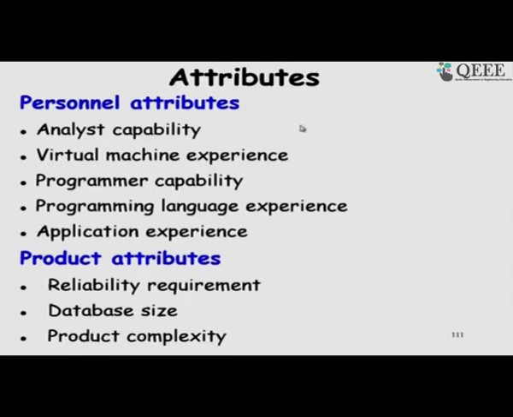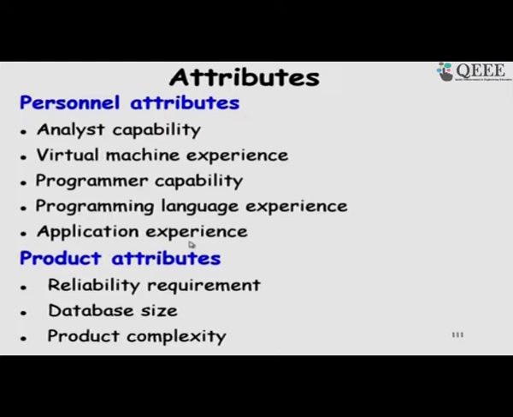So, consider the attributes of personnel, like capability and virtual machine experience. That means how familiar they are with the setup, the kind of hardware that is being used and so on. Programmer capability, language experience: is it a C project and they already know C, or are they not very familiar, and are only Java programmers.